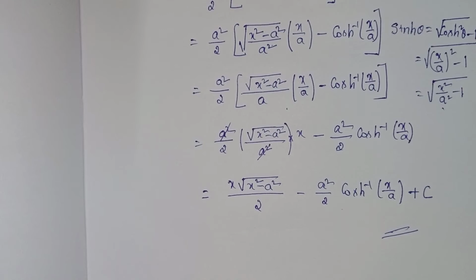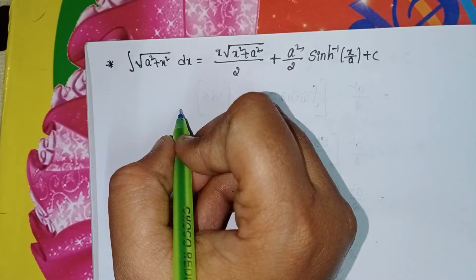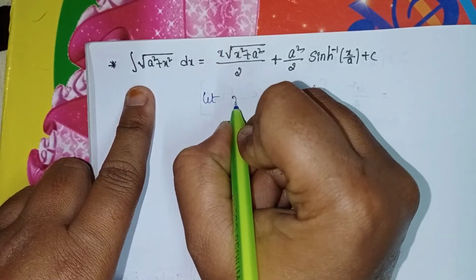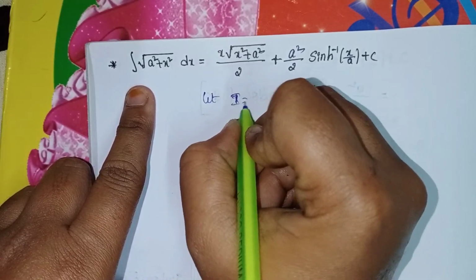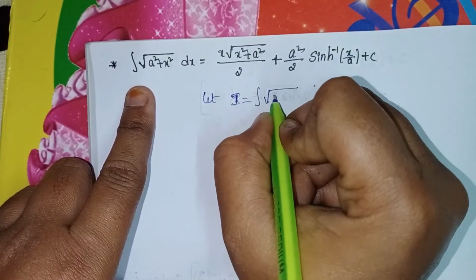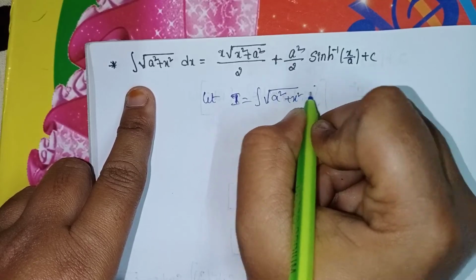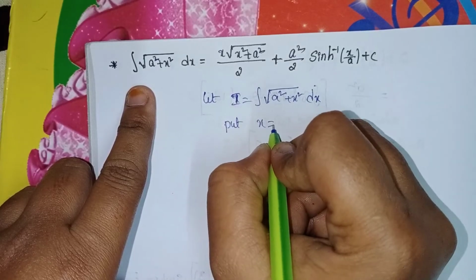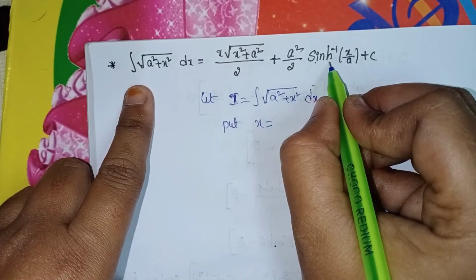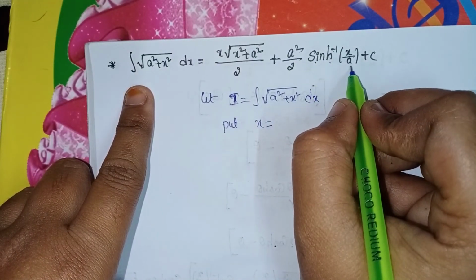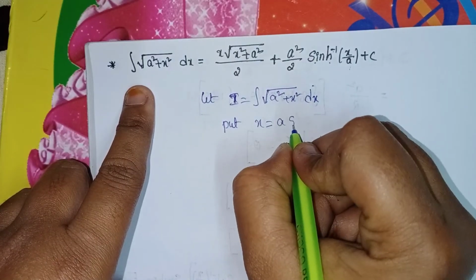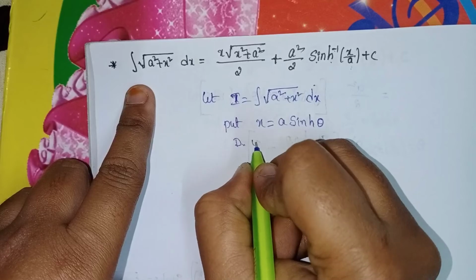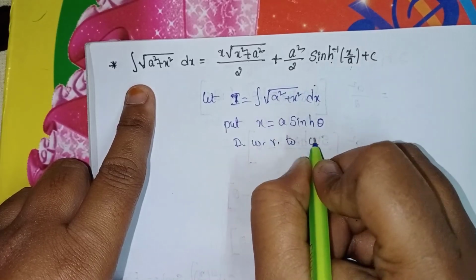Okay, next another formula. Let I equal to integral of square root of a square plus x square dx. Put x equal to, here sinh inverse of x by a is there, so you can take a into sinh theta. Differentiate with respect to theta.